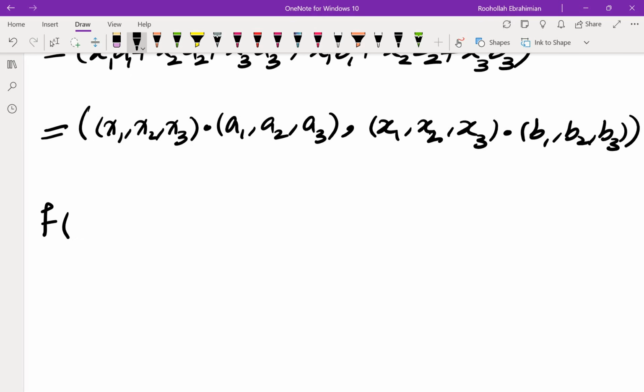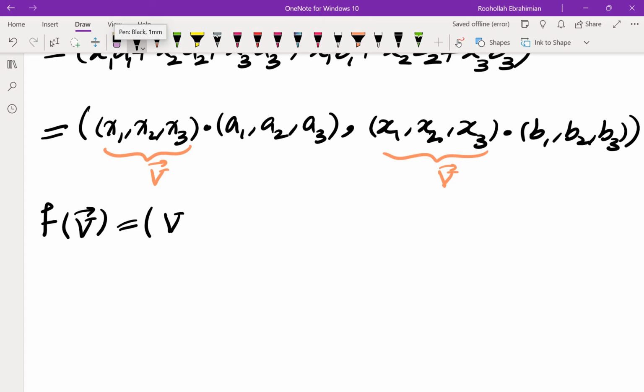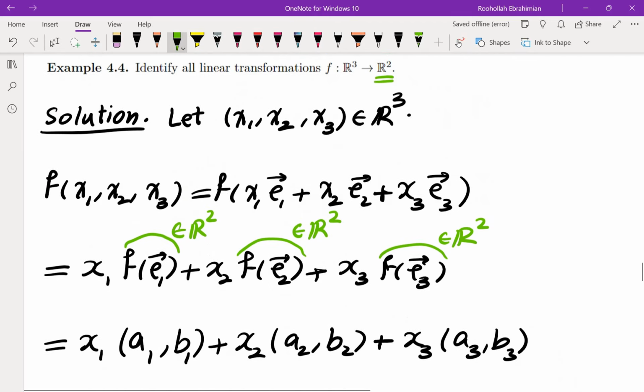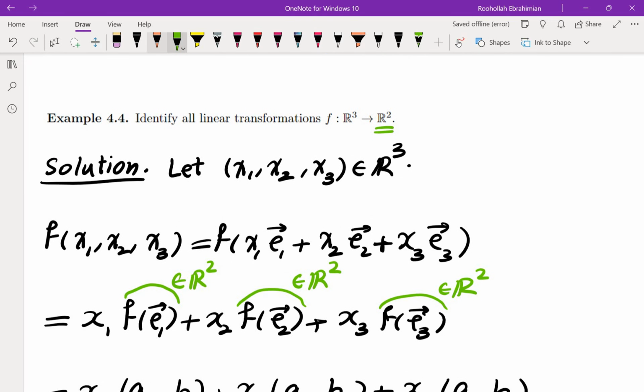So what I got is this, f of v, and this was our input. The vector (x1, x2, x3) was our input. So this is our v, is equal to v dotted with some vector, I'll call that w1, and then v dotted with another vector w2. So this one is w1 and this one is w2, and the input was the vector v.